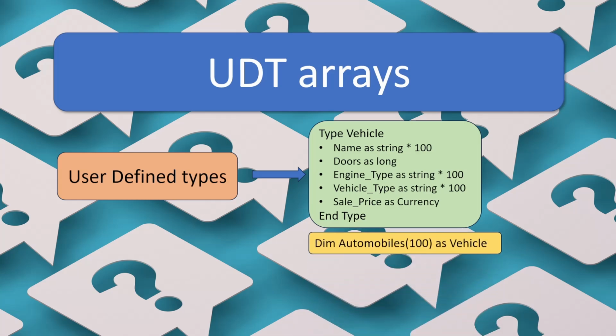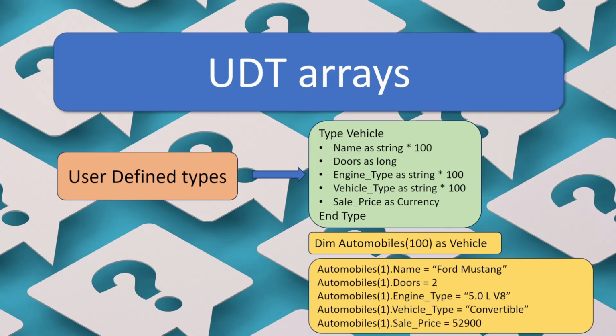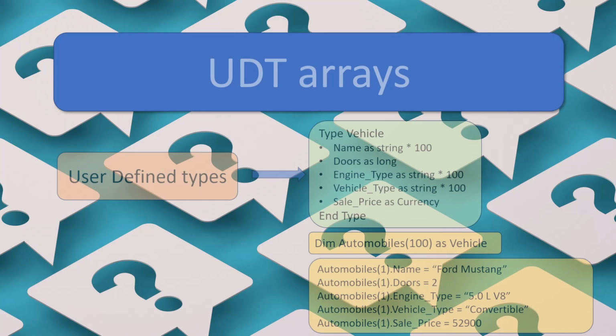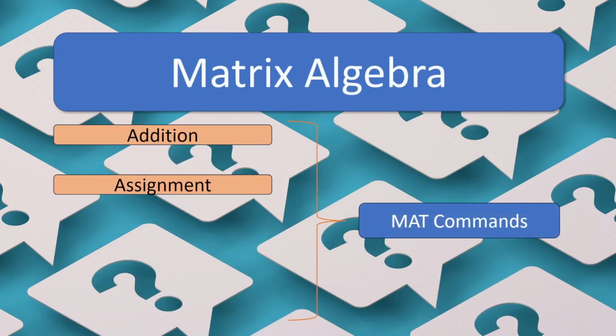Next, we can dimension an array to hold 100 automobiles as the vehicle type. Then we can populate the first element of the array, setting the value of each part of the UDT. With meaningful names for each part of the user-defined type, and also the name of your array, then the code can be easier to understand and therefore to maintain.